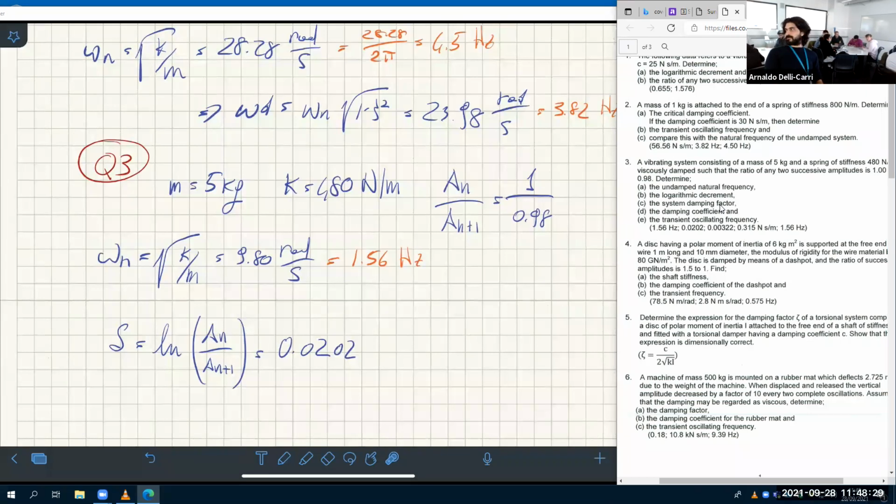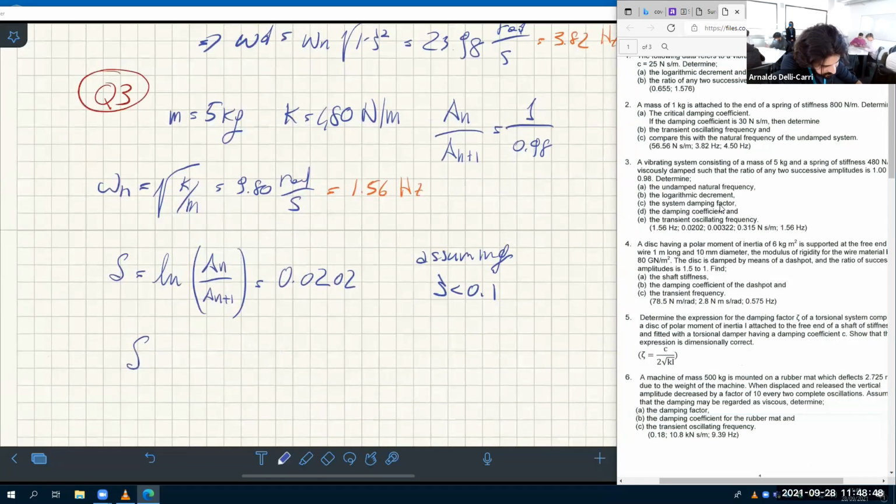So that's just the coefficient divided by 2 pi. Yeah, that's correct. So assuming that zeta is smaller than 0.1, let's find zeta. Delta is almost 2 pi zeta.